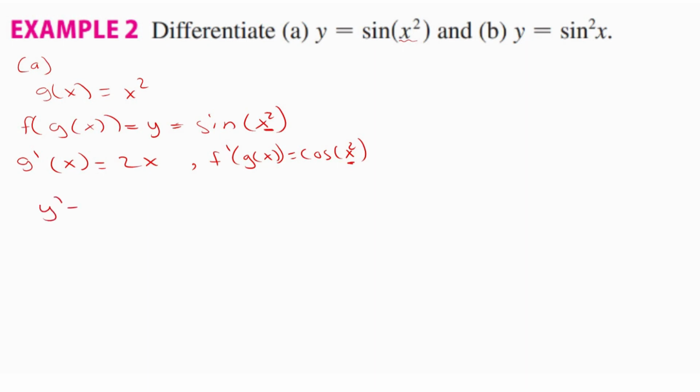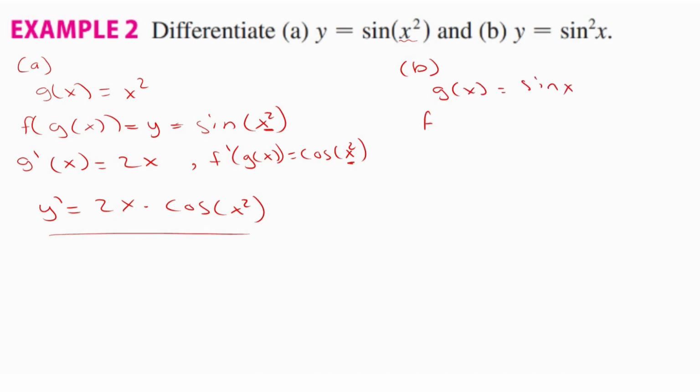Now y prime is going to be their multiplication, 2x multiplied by cosine x squared, and this is the answer. Now part B, if we want to differentiate y equal to sine squared x, we might consider the g of x to be sine of x, and f at g of x is going to be sine of x power 2.